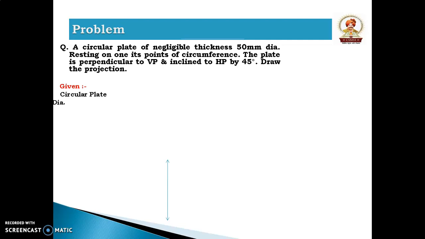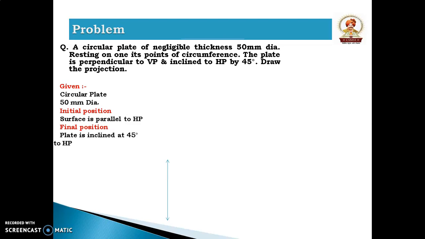Draw the projections. So, what is given in the problem? The given is circular plate 50 mm diameter. For initial position, the angle is inclined to HP, so we assume the surface is parallel to HP. Therefore, the true shape is drawn in top view.